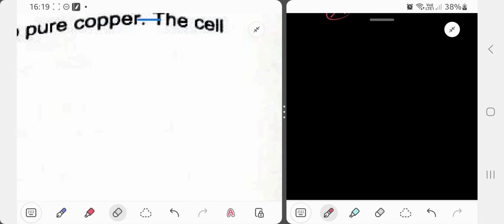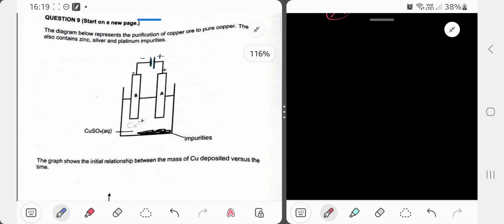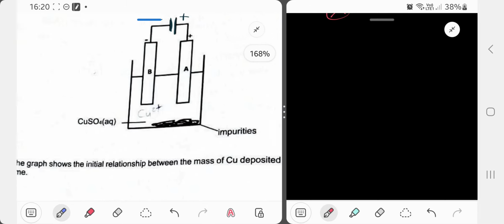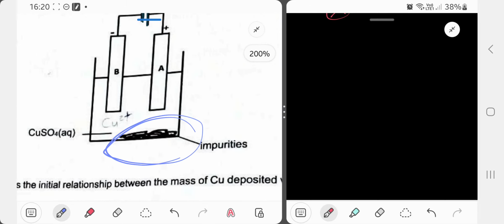So what happens here in essence is that when copper is purified, or when it is mined first, it comes with some impurities. What this means is that it comes with a mixture of other metals that are inside. So the metals that are inside that are not copper will be part of this alloy here. It's called an alloy or a sludge, I think, right?